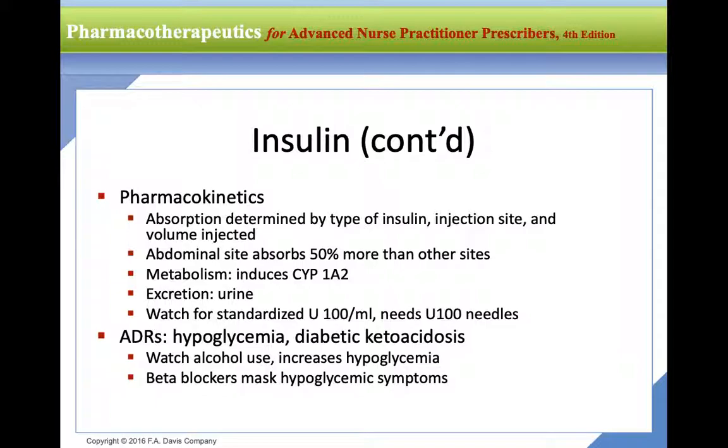You want to be very careful using insulin in patients who are on beta blockers, because it masks all the symptoms of hypoglycemia except excessive sweating. So if your patient has to be on both, say they're post-MI and they're diabetic, you need to make sure they know that if they're sweating for no reason, that's probably the only sign that they're hypoglycemic.